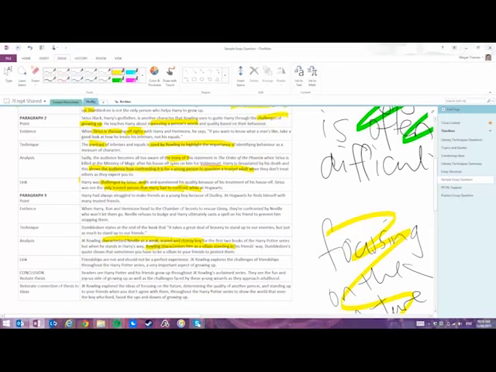So Dumbledore's quote then shows that sometimes you have to be a villain for your friends to protect them. Okay, so you're using not just a quote but also an event to highlight how the author has built meaning.